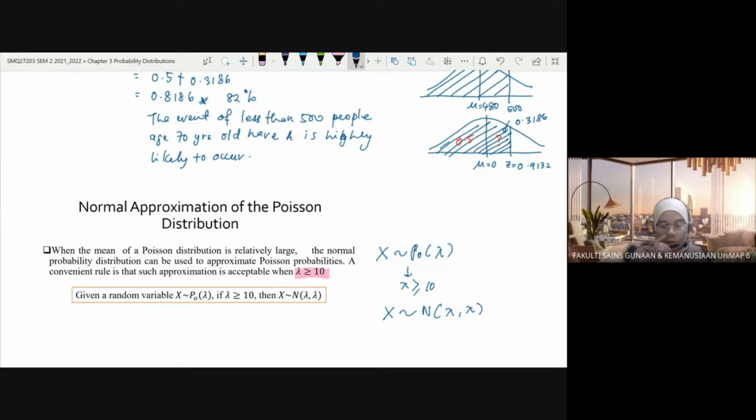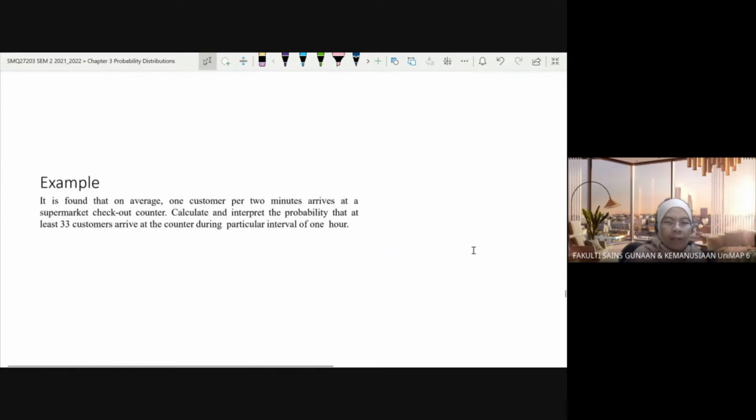So the Poisson case will be very simple, but bear in mind that the complexity of the Poisson will be back to the interval given to you in the equation part. Okay, so let us look at the example.